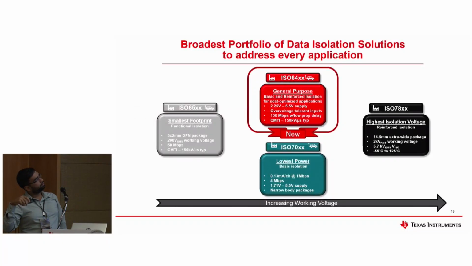From left to right, what it describes is the working isolation voltage, which I mentioned, 1 kV RMS, 1.5 kV RMS. This particular device, ISO 65XX, is the first functional isolator from TI, and it's the industry's smallest footprint digital isolator with a 3x2 mm DFN leadless package, with 200 volt RMS working voltage, and it offers CMTI immunity of 150 kV per microsecond typically, and a minimum of 100 kV per microsecond.